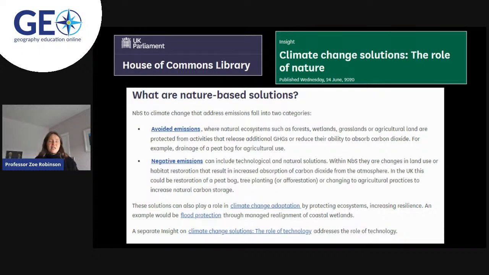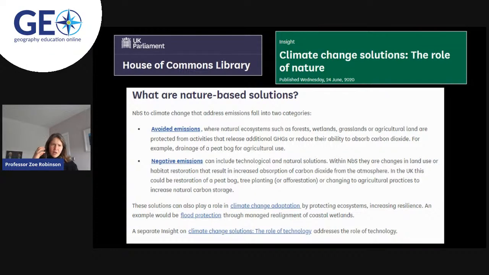another category is what's called negative emissions, or sometimes you'll hear the phrase negative emission technologies, but actually that can mean trees, fantastic negative emission technologies, ways of removing carbon dioxide from the atmosphere and storing it in soils and peats as well as plant biomass.